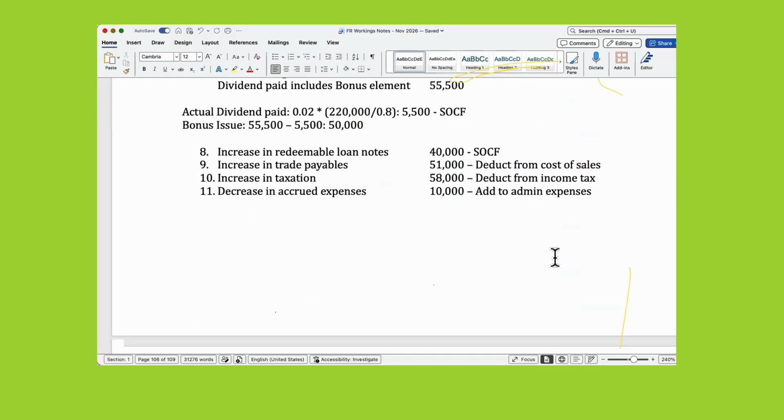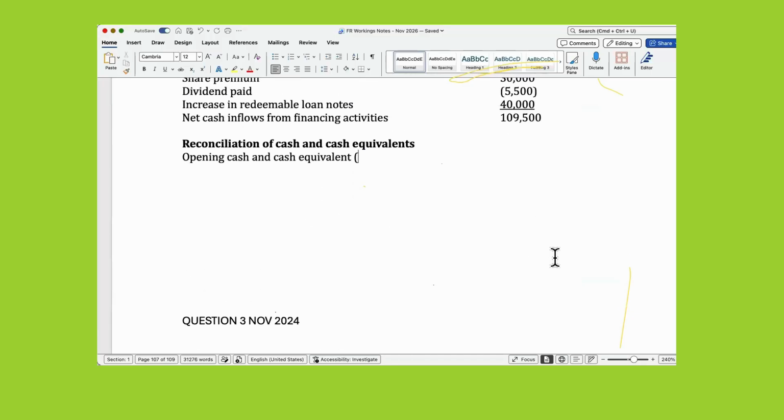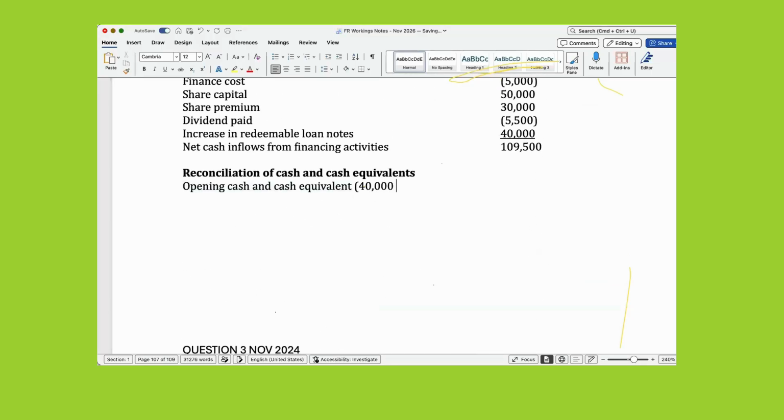So 40 minus 5, 35. Then let me do closing cash and cash equivalents.